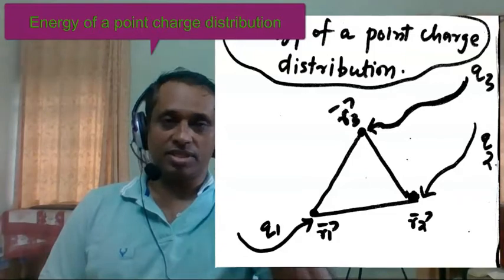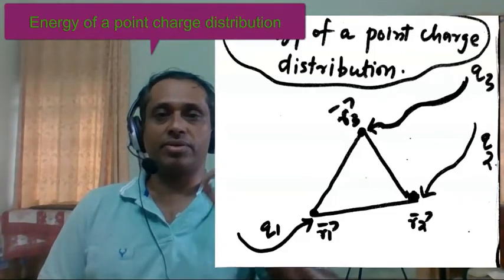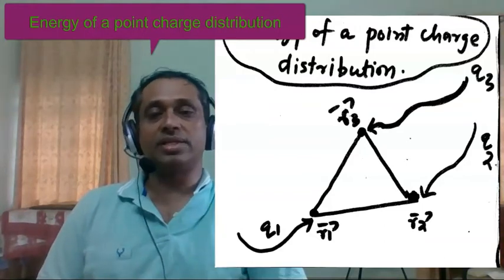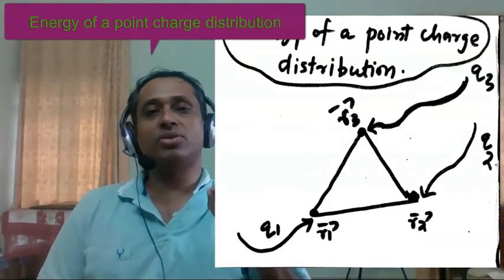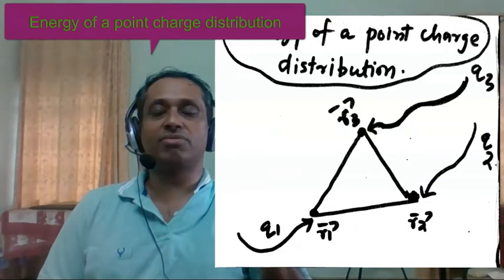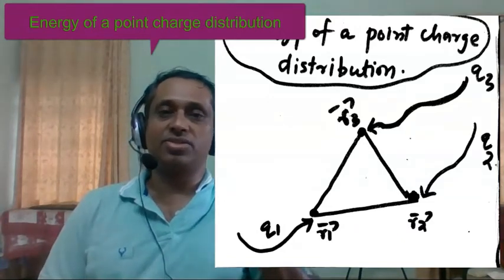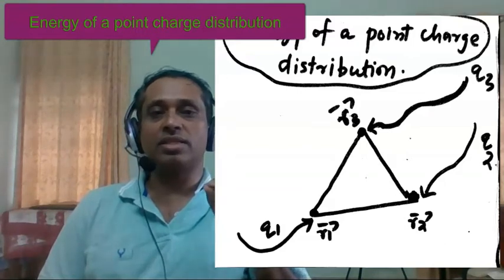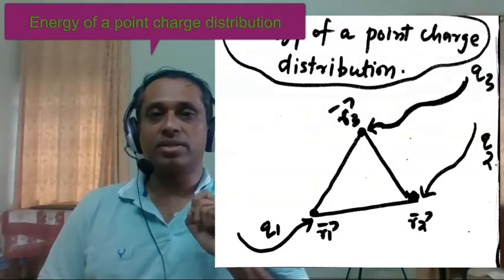We are bringing the first charge, Q1, so there is no electric field and no potential. So the work done to bring the first charge from infinity is 0. Then the first charge is at the position R1.